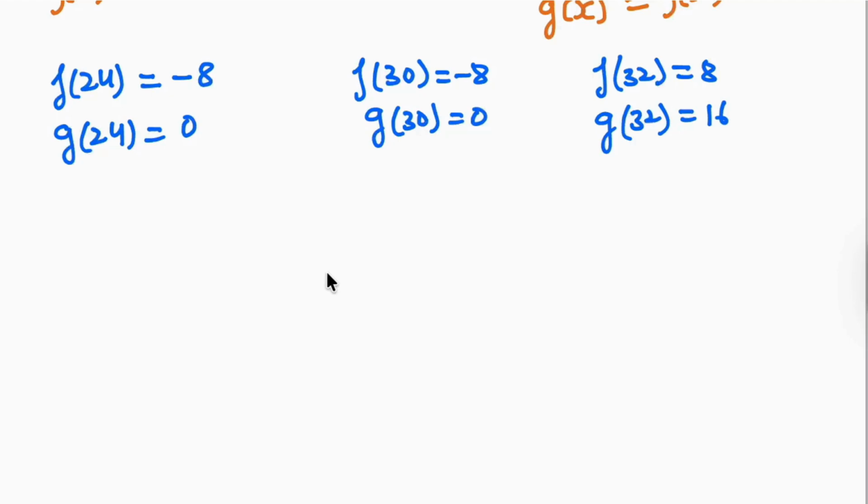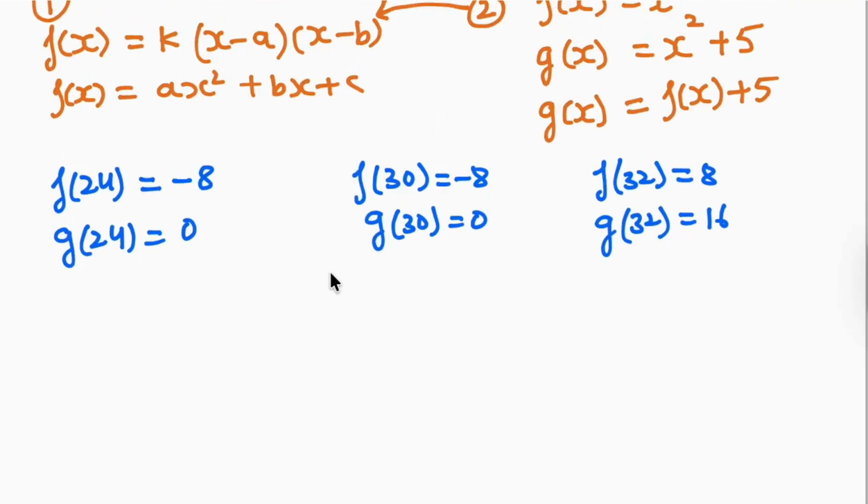Now you will ask how I thought about it. I started with the very basic concept that if I convert it into this form and put it equal to 0, that means the value of y is equal to 0. So this is a zero of the polynomial, and this is a zero of the polynomial.